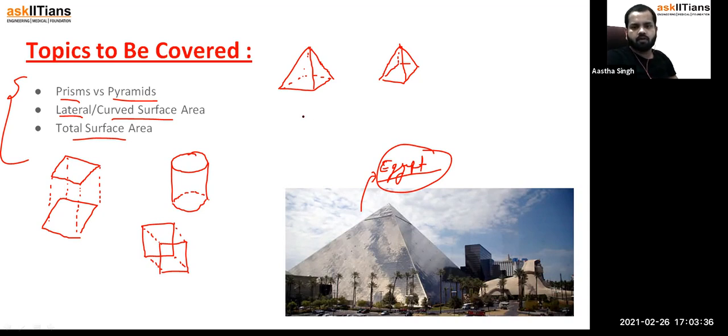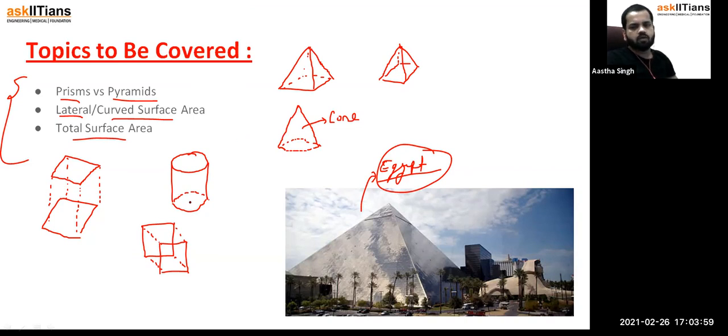For a pyramid, you can take the example of a cone. I think you are familiar with the cone, you studied it in your ninth standard. A cone is basically a pyramid. So the surface areas we generally study are either in the form of a prism or a pyramid.